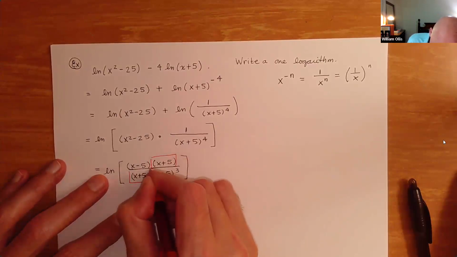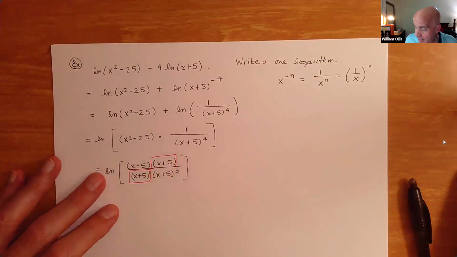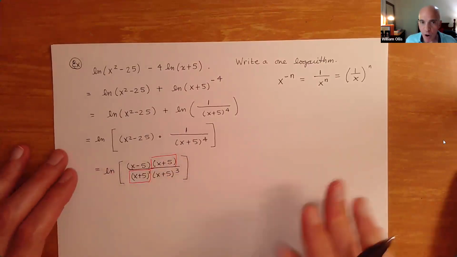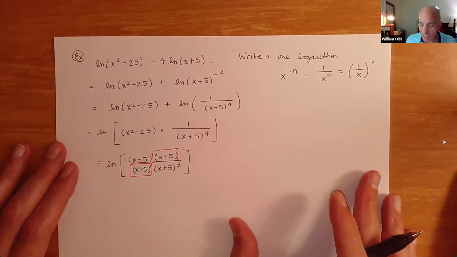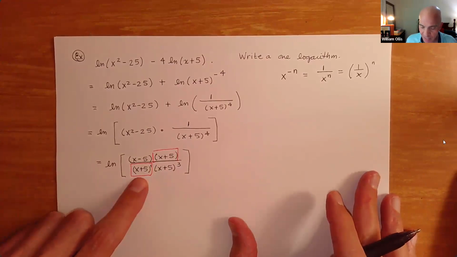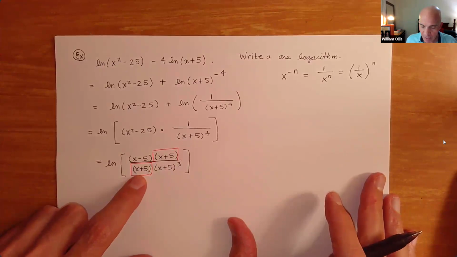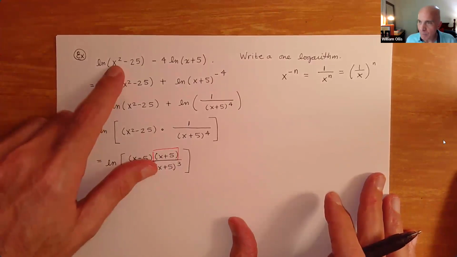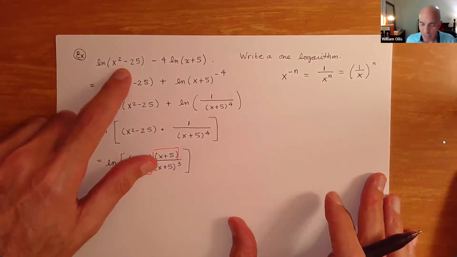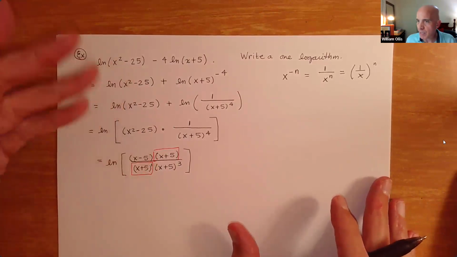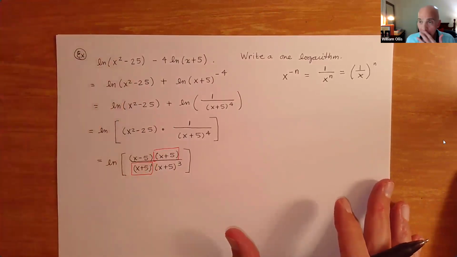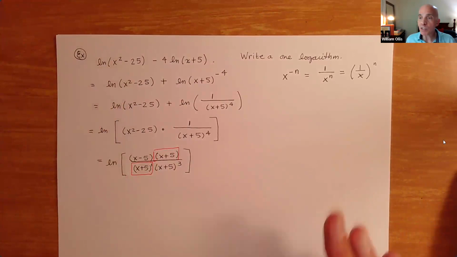Again, an identity is an equation that is true for all values of the variables for which it is defined. So again, we're tacitly assuming that this is well defined, that we're not allowing x to be 5 or negative 5, so that this is a 0, which of course would be undefined for the logarithm. Remember, the arguments must be positive.